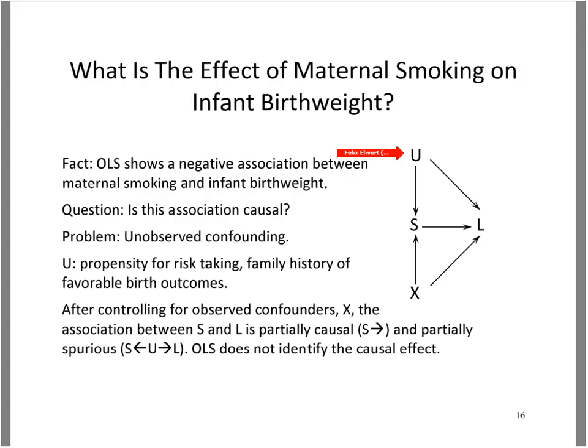Now, why is this a problem? This is a problem because if we're running an ordinary regression model, we can only control for variables that we actually observe. Now, we're going to use the rules that we've learned to see the components of the overall association between smoking and low birth weight.